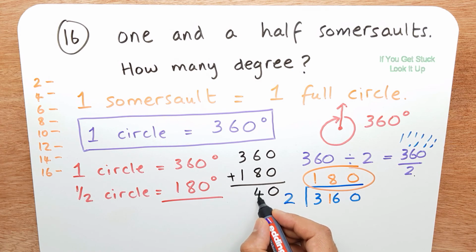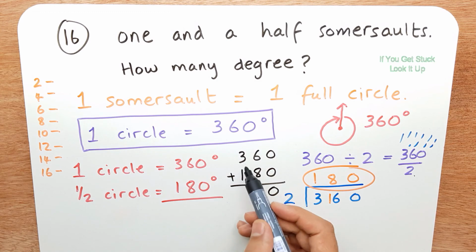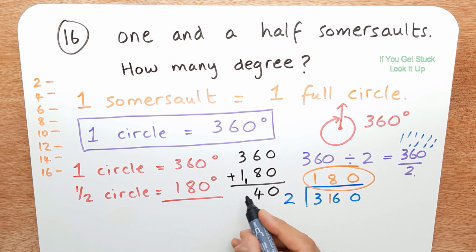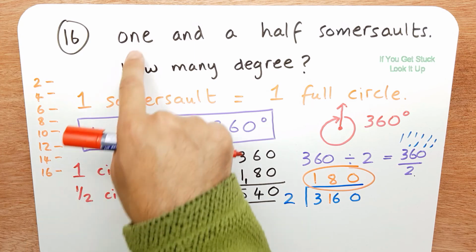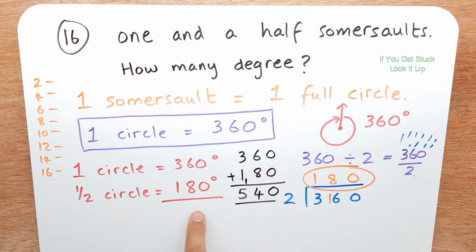We put the 4 down and we carry the 1 to the next column. 3 add 1 is 4, plus this 1 we've carried over is 5. We know if a person does 1.5 somersaults, they will turn 540 degrees. So we can put that here, 540 degrees.